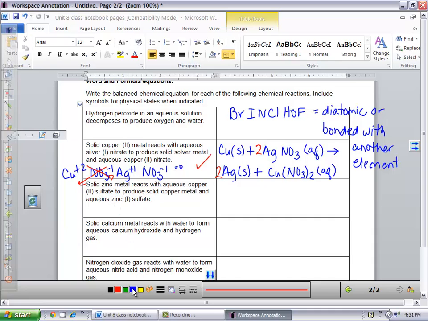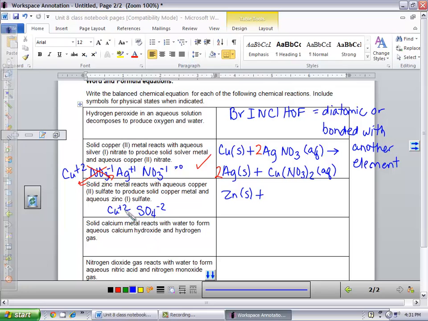Solid zinc metal reacts with aqueous copper 2 sulfate. So solid zinc means you've got zinc, and reacts with means you're going to add it to aqueous copper 2 sulfate. So you've got copper 2, that's what the 2 means. Sulfate is on the periodic table polyatomic ion chart.